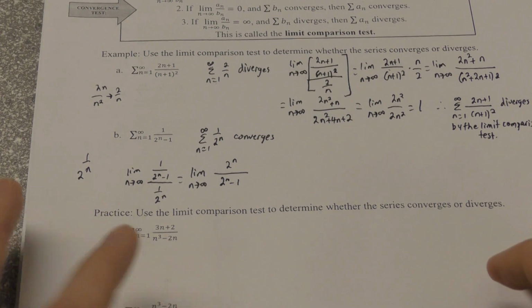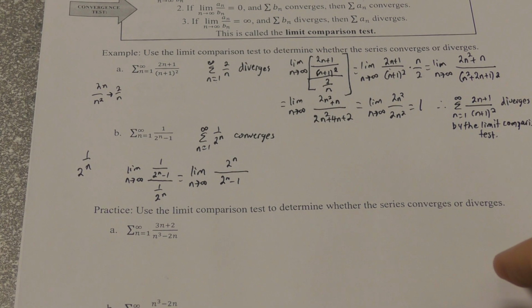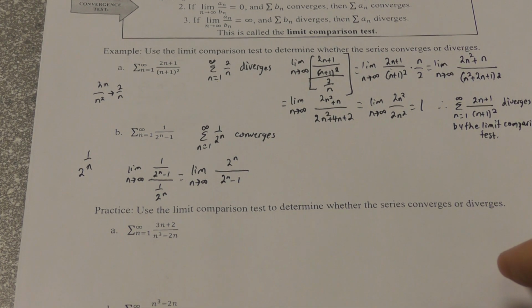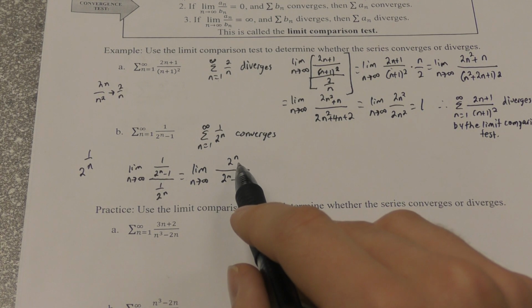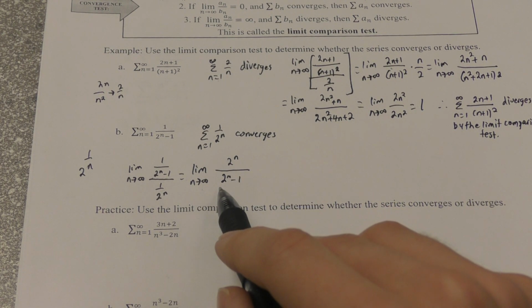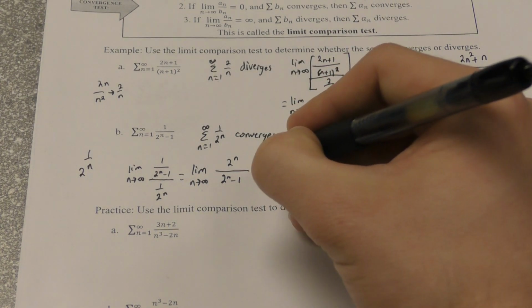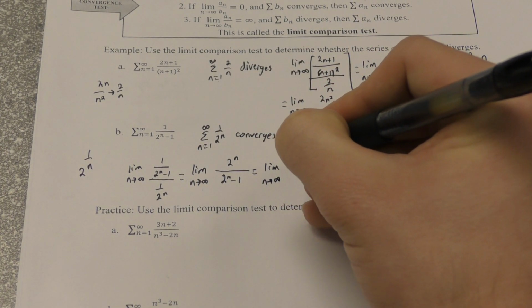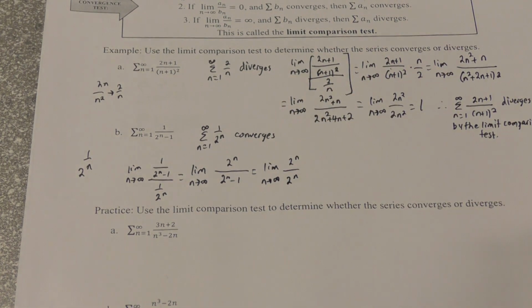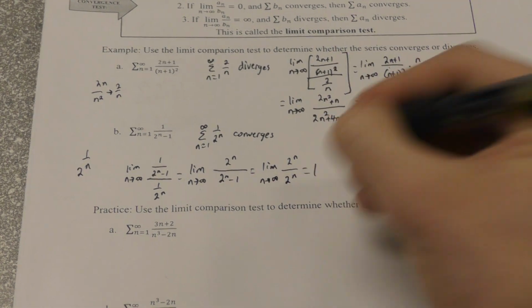Give me that limit. You could use different properties to reduce that, or simply compare our limits here. 2 to the n is going to dominate on top. 2 to the n is going to dominate underneath, so this is going to be equal to the limit as n approaches infinity of 2 to the n over 2 to the n, which I know is 1.